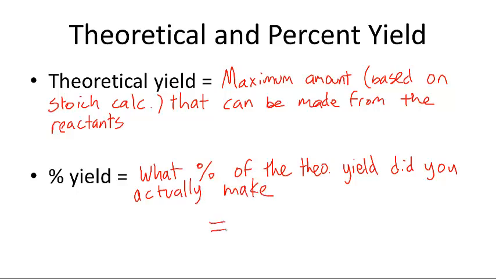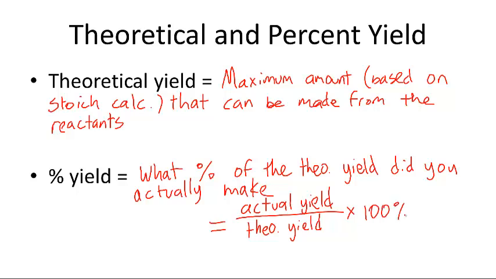So you calculate that by taking the actual yield, the actual amount made, divided by the theoretical yield, times 100%.